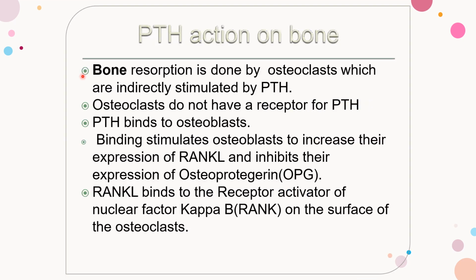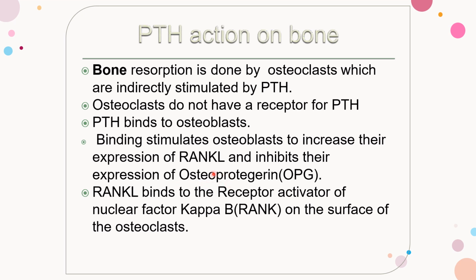Bone resorption is done by osteoclasts, which are indirectly stimulated by parathyroid hormone. Osteoclasts do not have a receptor for PTH. So PTH binds to osteoblasts. Binding stimulates osteoblasts to increase their expression of RANK ligand, the ligand for receptor activator of nuclear factor kappa B, a member of the tumor necrosis factor receptor family, and inhibits their expression of osteoprotegerin.